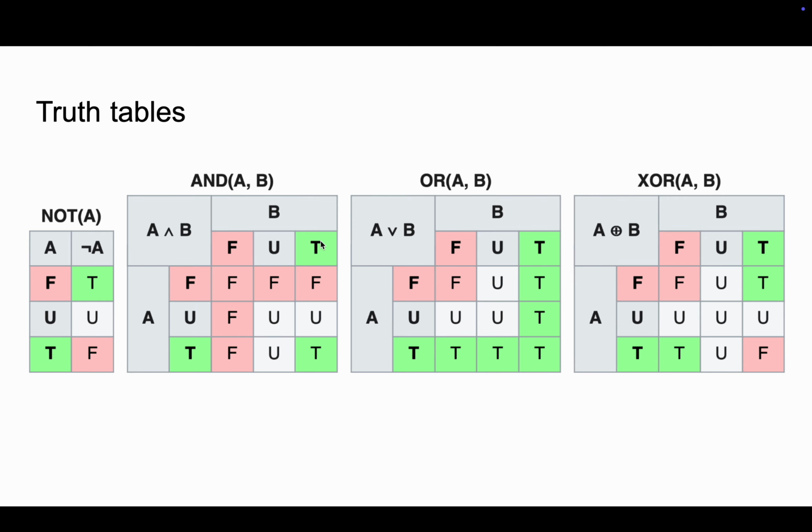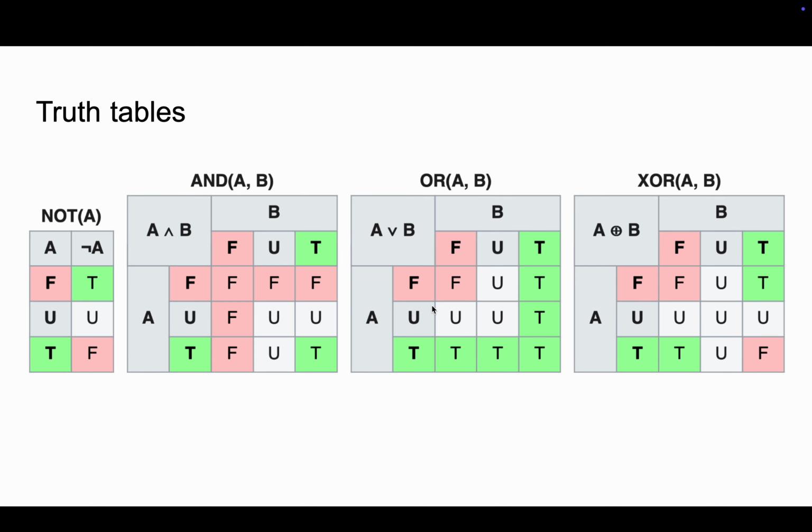However, if B is true and A is unknown, A can be either true or false. If A is true, then A and B is true because B is true. However, if A is false, then A and B will be false. The thing is, A is unknown. Therefore, you will not know whether A and B is true or false. And as such, A and B will be unknown. This is an example of it.